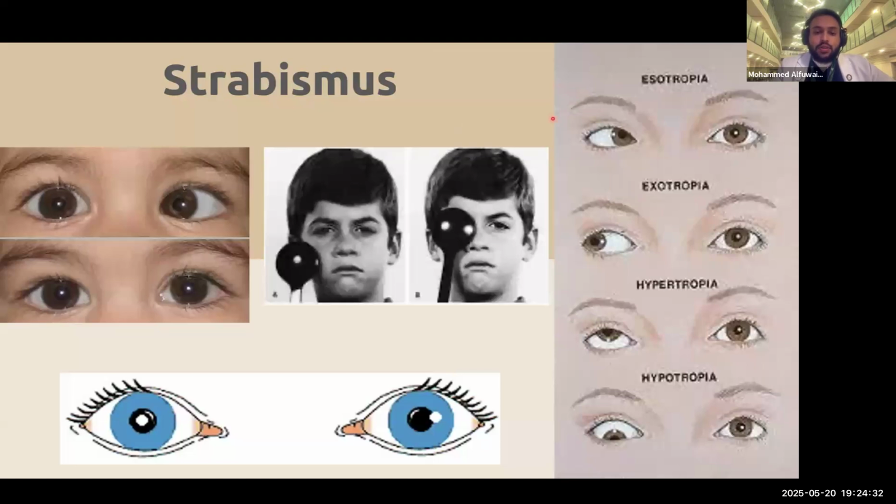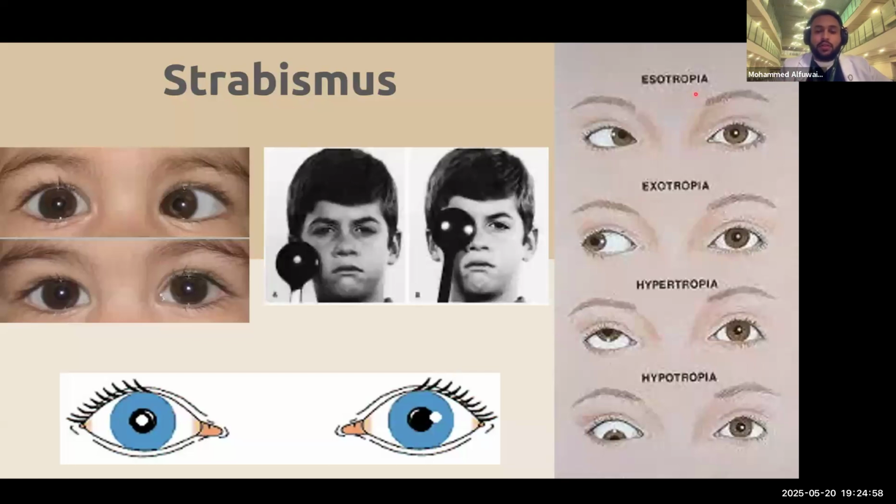How do esotropic patients have hyperopia? Hyperopia is when we get to lens diseases, and I'll explain what hyperopia is. But basically, hyperopia is farsightedness. So in these patients, how they will compensate somehow in children is by going through esotropia.